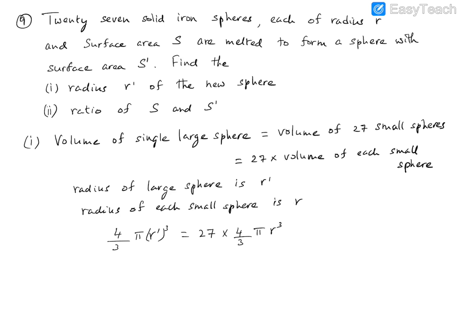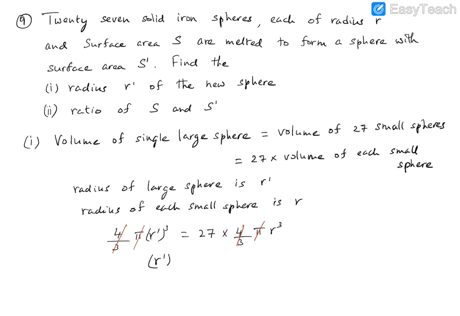Now there are certain common terms on both sides of the equal sign which can be cancelled out. The 4 by 3 on both sides will cancel out, and the pi and pi on both sides will cancel out. So basically we're going to have r dash cube as 27 times r cube.